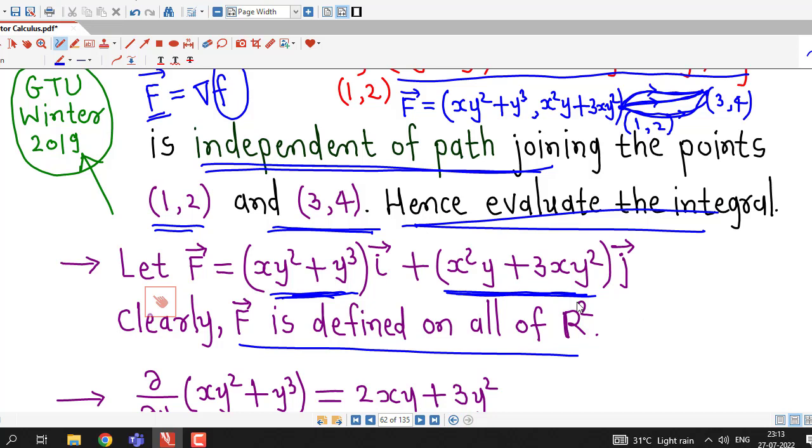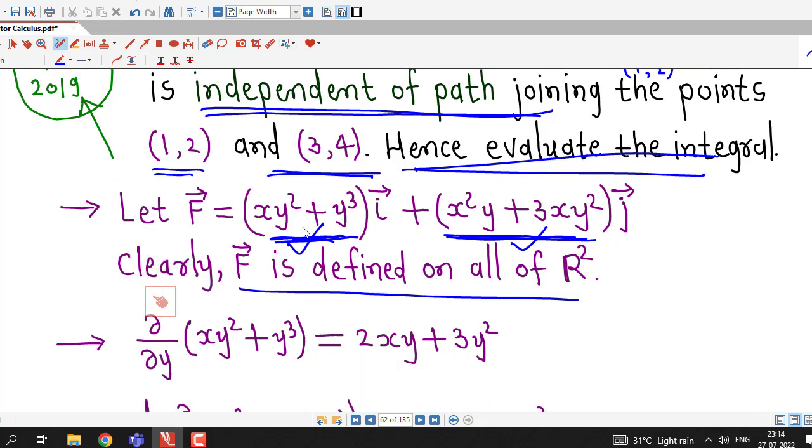We have to show that the curl of F bar is a 0 vector. For that we can use the component test for a conservative vector field. Here we have only 2 components, so this component is differentiated partially with respect to y, and we take the derivative of the other component partially with respect to x. If these 2 partial derivatives are equal, then the field is conservative.